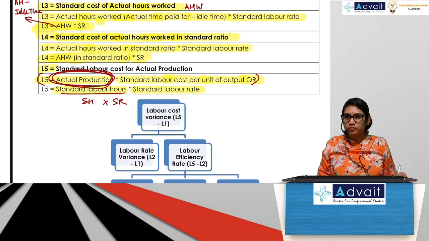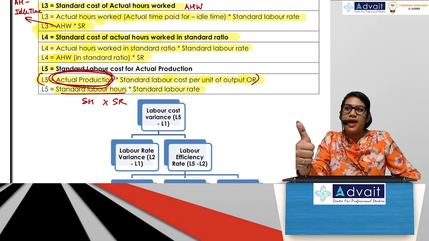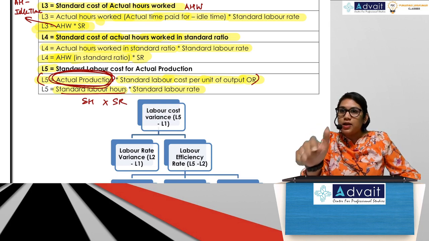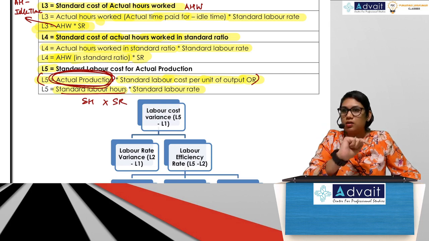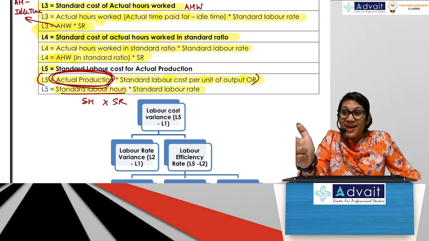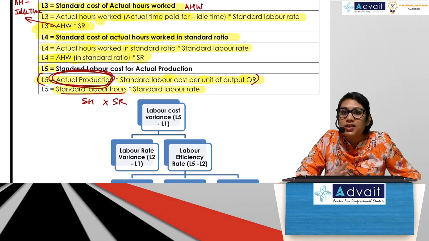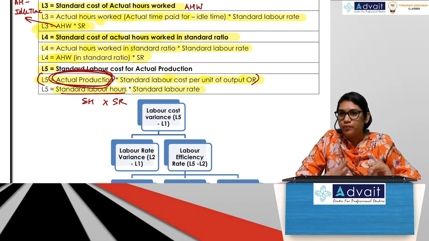Okay? So same, L1 was AH into AR. L2 was AH into SR. L3 was AHW into SR. AHW is actual hours minus idle time.